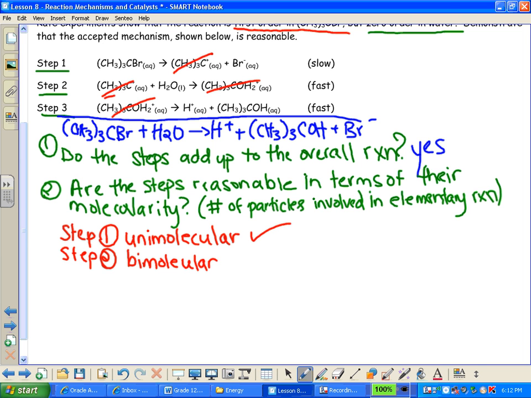We have 1, 2, and that would be okay. The chance of those colliding is pretty high. And step number 3, we again only have 1 reactant, so we'd call that unimolecular again. That would be good to go.